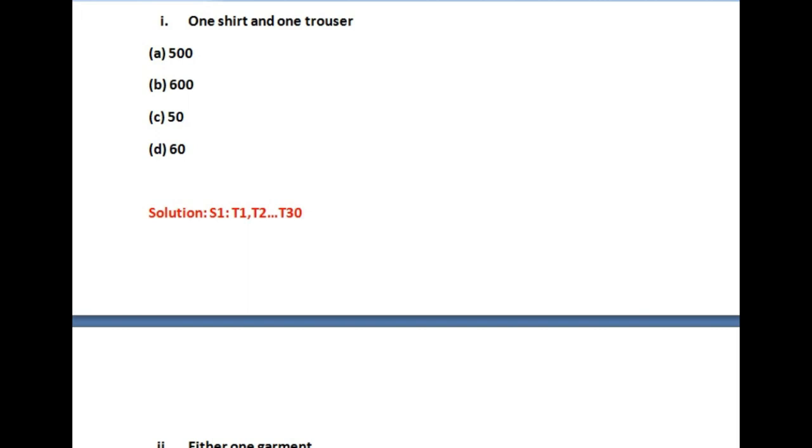So for the first shirt, we have these 30 possibilities of trousers. Similarly for the second shirt, similarly for the third shirt. That is why we are multiplying actually. 20 into 30 equal to 600. That is the answer. So the correct answer is 600.